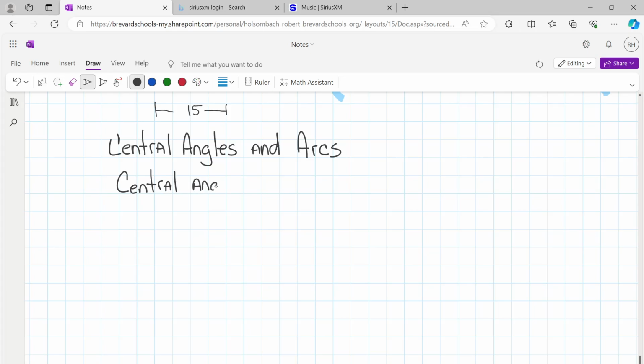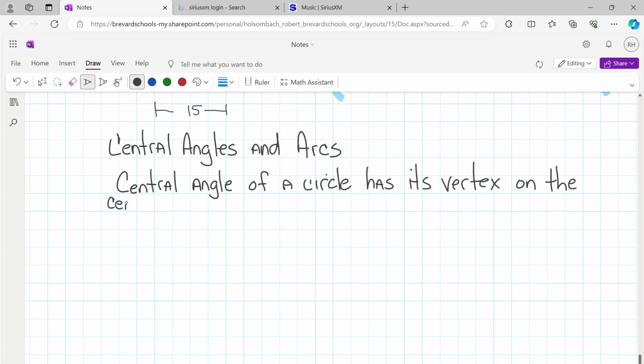Central angle of a circle has its vertex on the center and its sides form an arc.